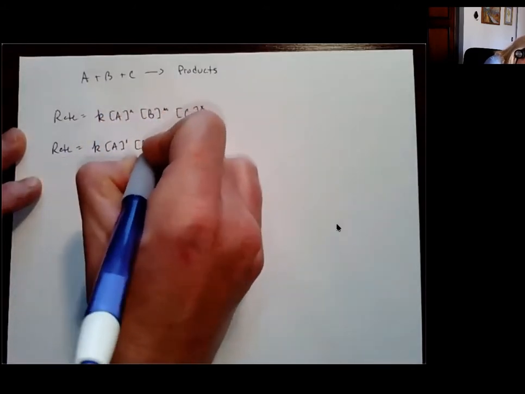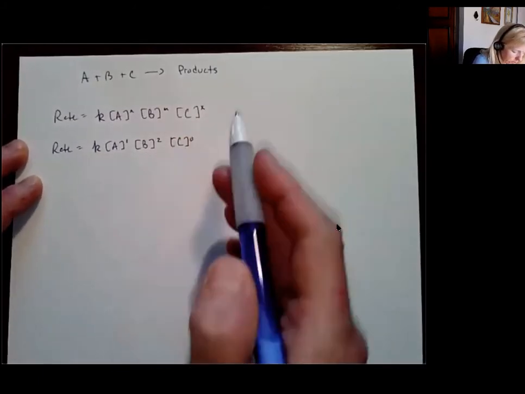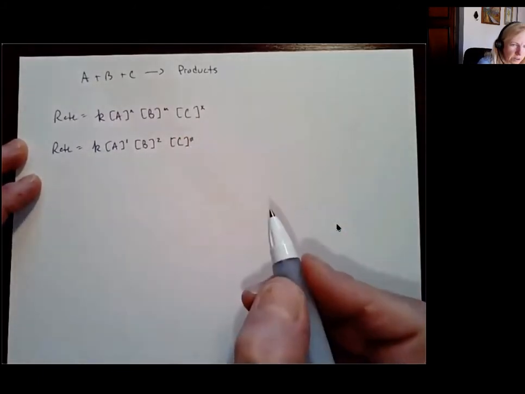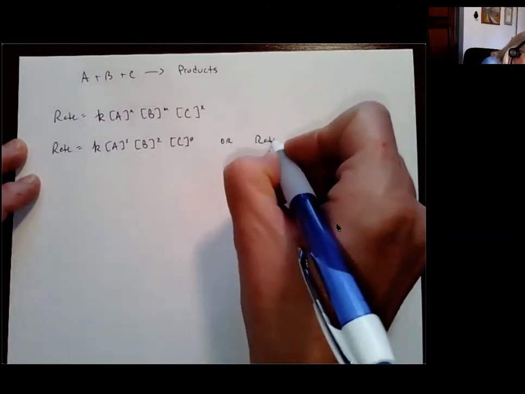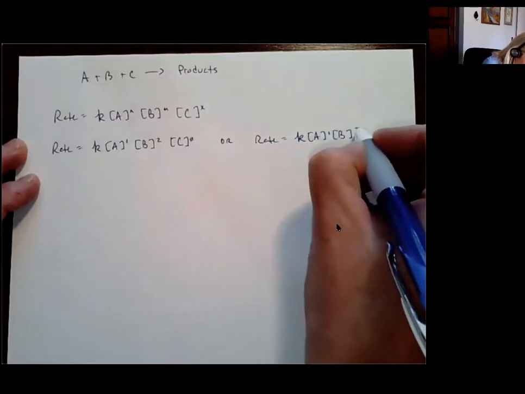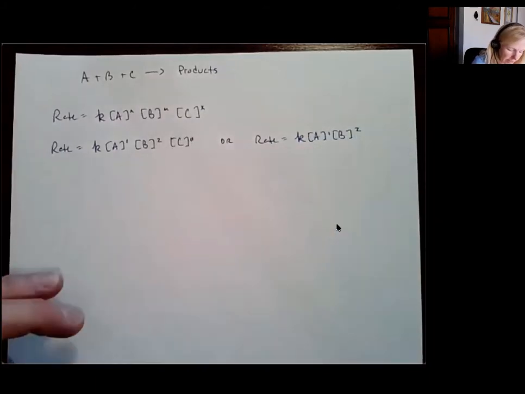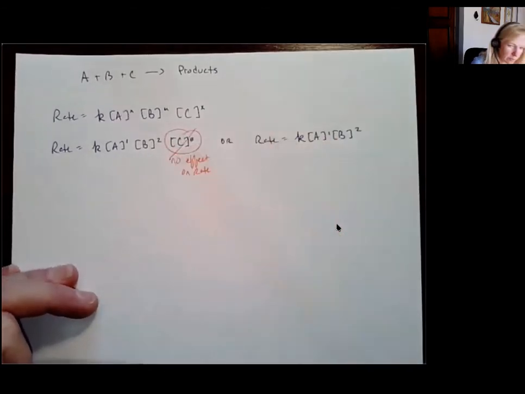B is second order, and C is 0 order. If C is 0 order, then it simply falls out of the equation. I could write the rate and just remove C to make it easier, because C has no effect on the rate.